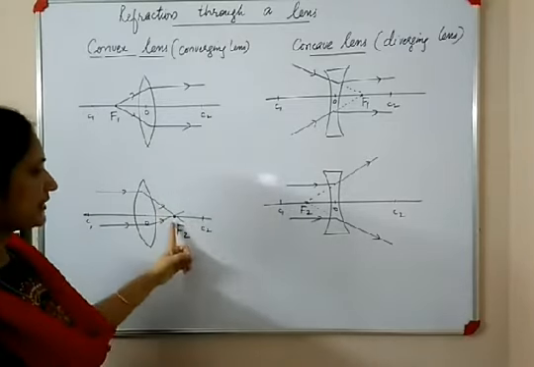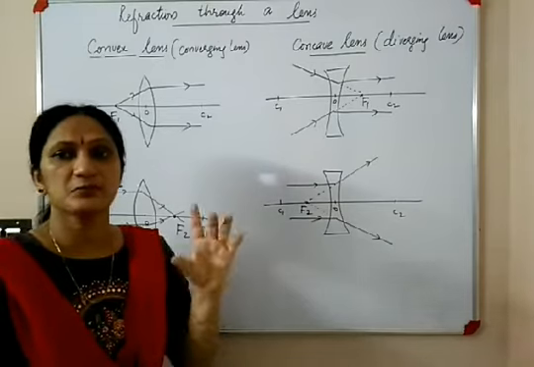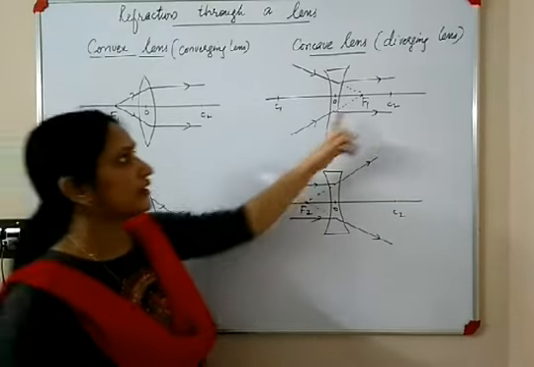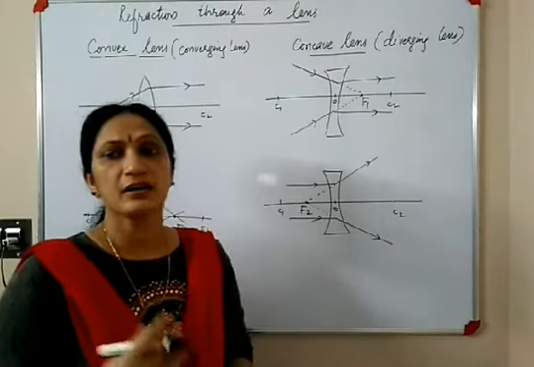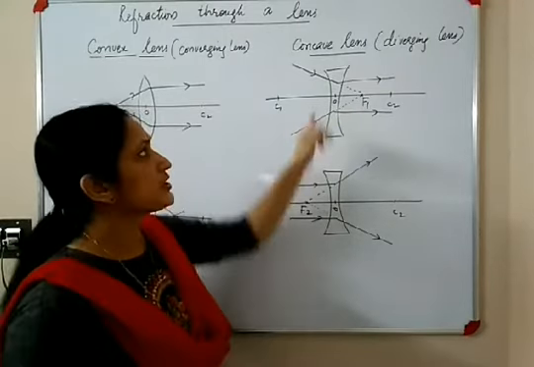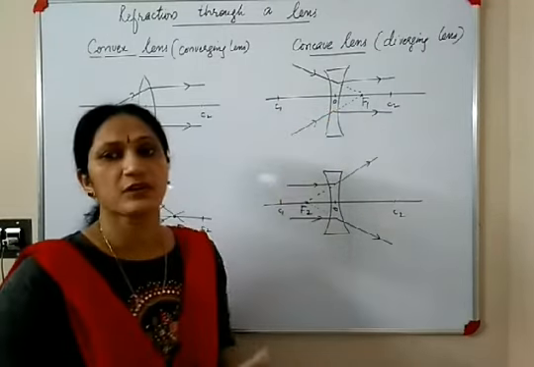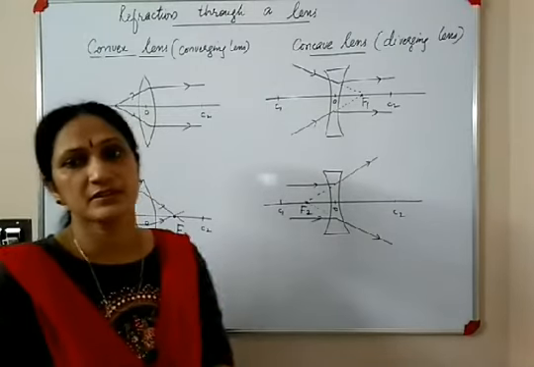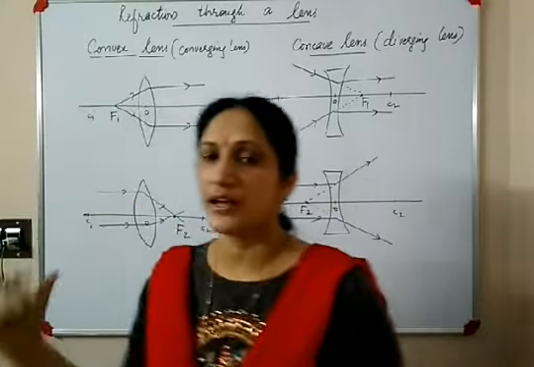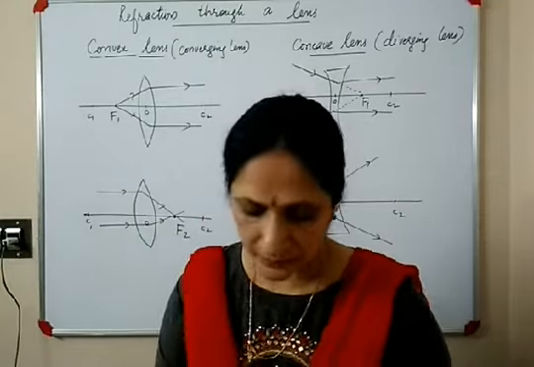The light rays are really meeting, which makes F1 and F2. But here, look at the points F1 and F2, they are virtual points. That means the concave lens focus is a virtual point. We assume that light rays are meeting there. But here it is not so. In the convex lens the light rays are really meeting.